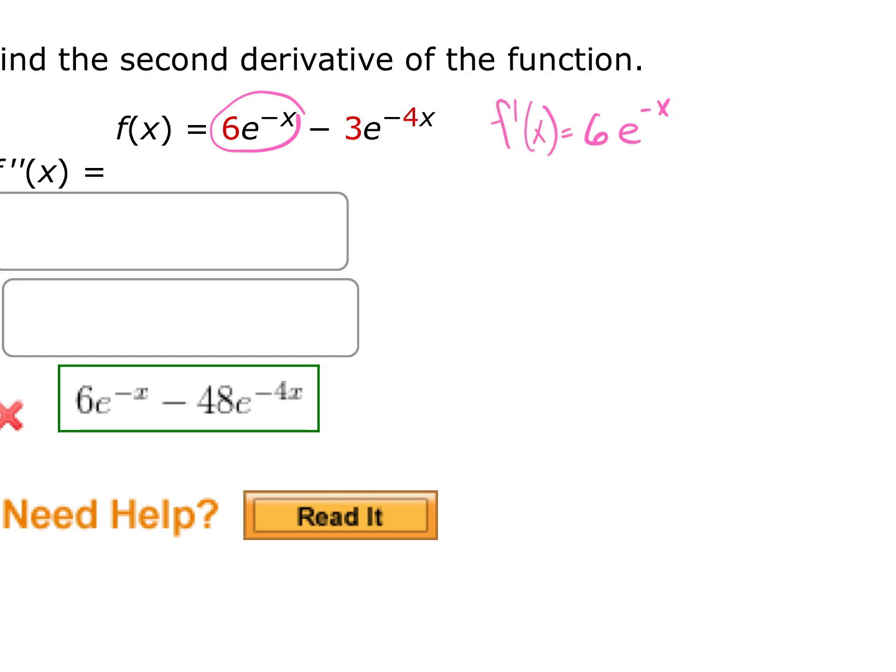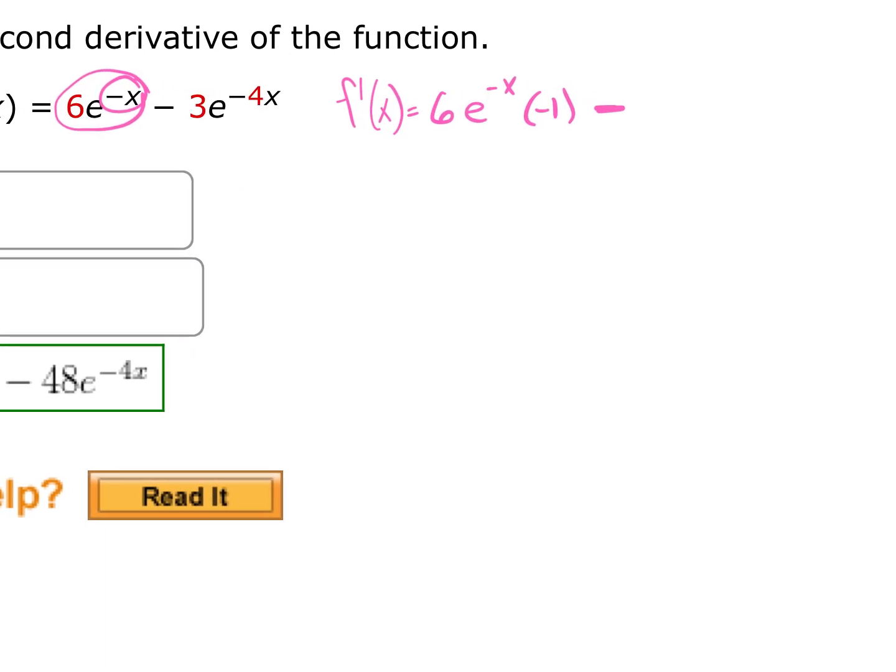What's the derivative of negative x? Negative 1. Then minus, let's do the same thing with our second term here. We have 3 times e to the power of negative 4x, so it stays the same, times the derivative of the exponent. What's the derivative of negative 4x? Negative 4.